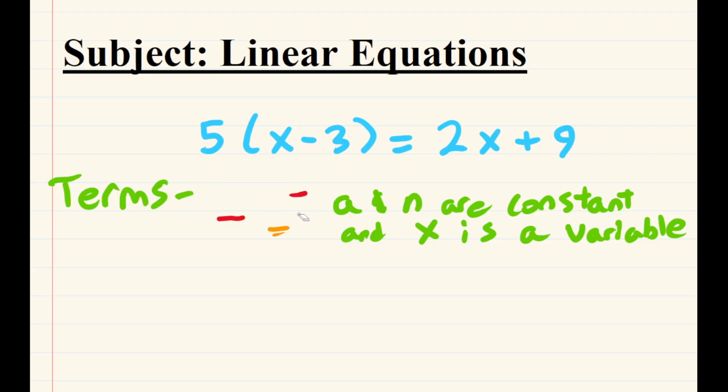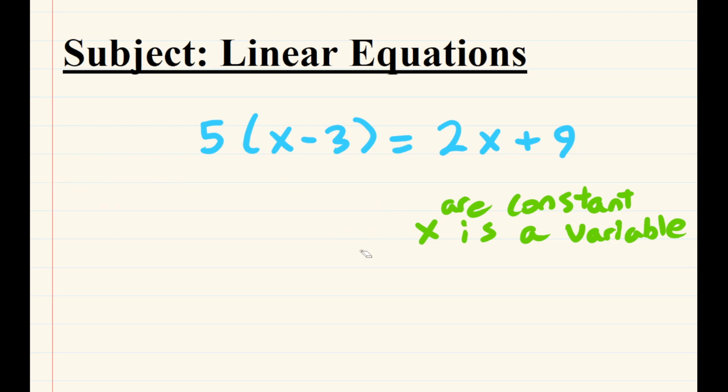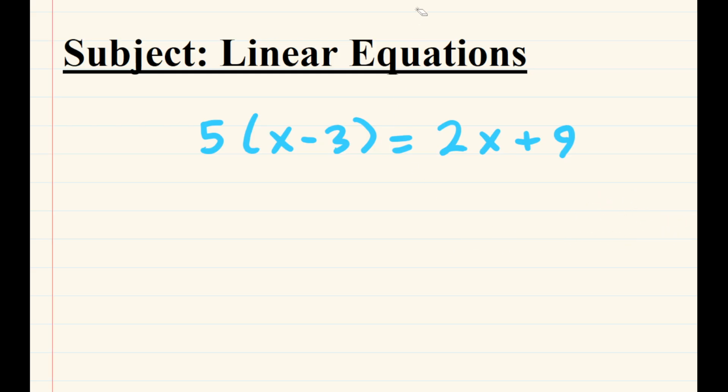So let me erase these, and let's try to identify the terms in this equation. We have, outside of these parentheses, a 5 right here, times this entire thing. So you could actually say that this entire thing is a term since it's 5 times something.